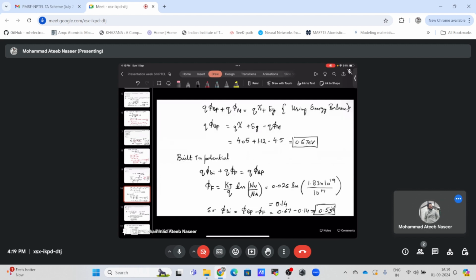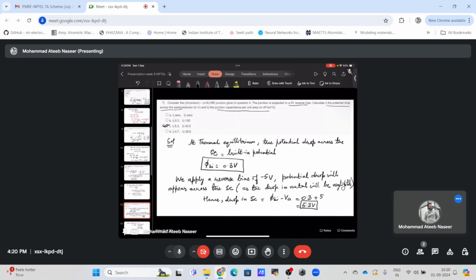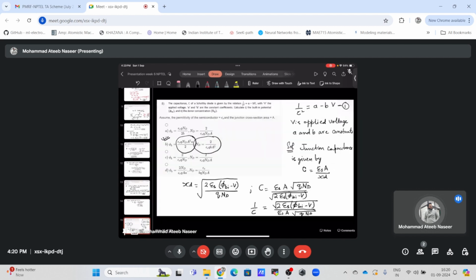Afterwards we found out the electric field at the interface for this metal semiconductor contact, and then we did the same to follow the junction capacitance, and on that junction capacitance we built another problem where we solved the junction capacitance for a Schottky diode in terms of the constant coefficients provided to us.